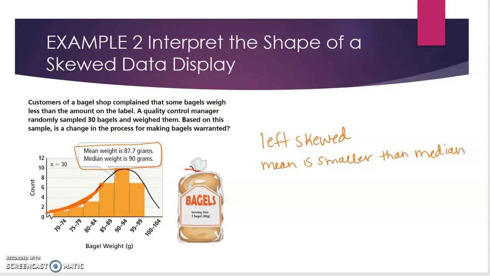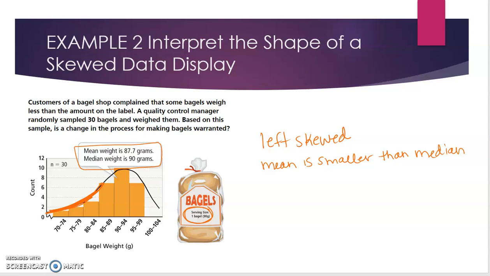In terms of answering this question, based on the sample, notice he only weighed 30 bagels, so that sample size isn't that big. But based off of this data, yes, the mean weight, the average weight, is less than what it does advertise on the bag here. But it is pretty small and your sample size is pretty small. Because the average weight is less than what they advertise, he could make a change in the process.